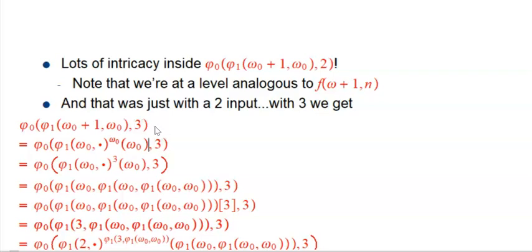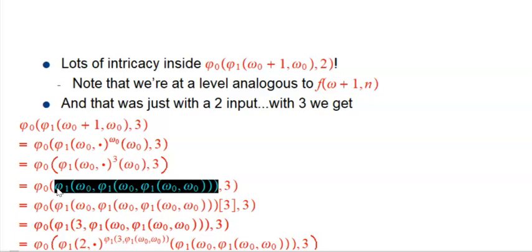So the plus 1 on the control, that inner control, just means repeat the phi 1 of omega naught machine omega naught times. Now that's that iteration exponent that's looking for a number, and of course this number is going to provide that because we're diagonalizing in the outer phi naught. So that 3 gets fed into the omega naught, and that just means repeat this 3 times. So okay, that's not too hard to write out.